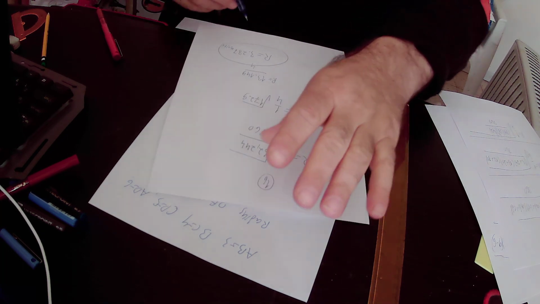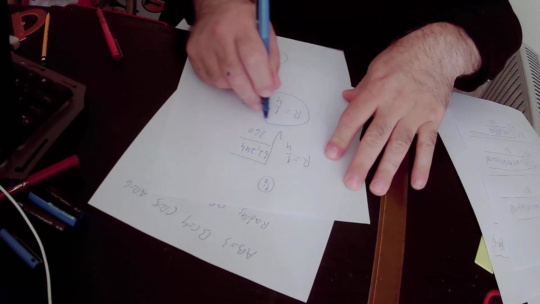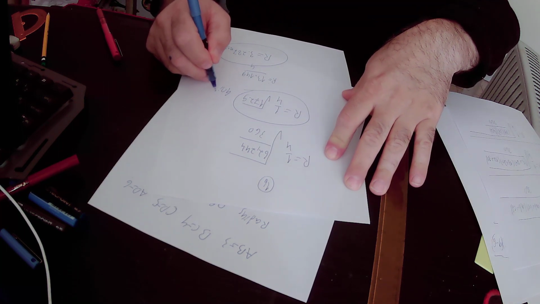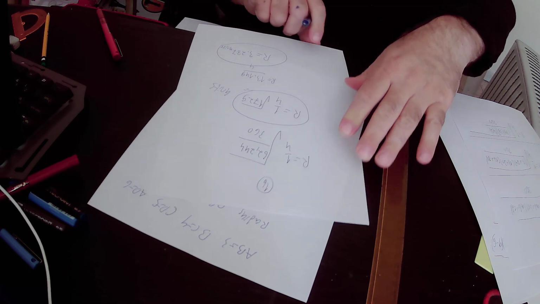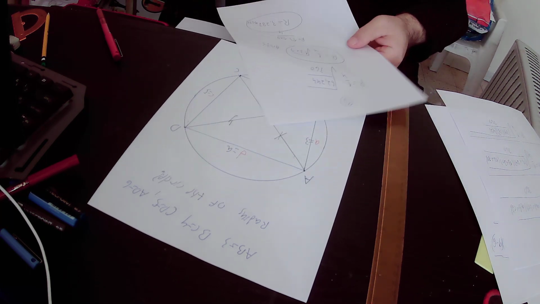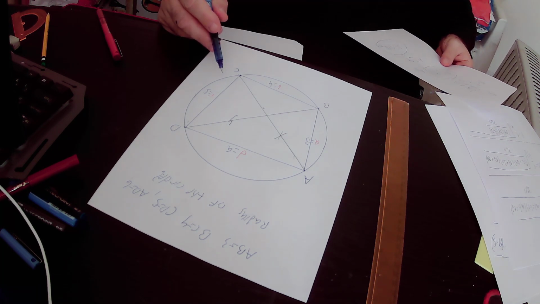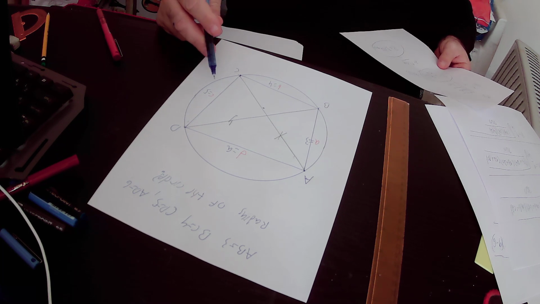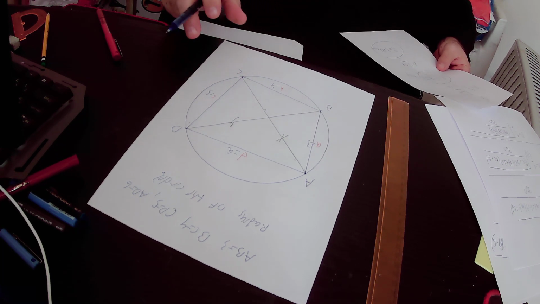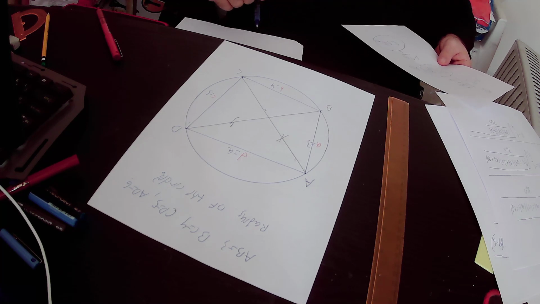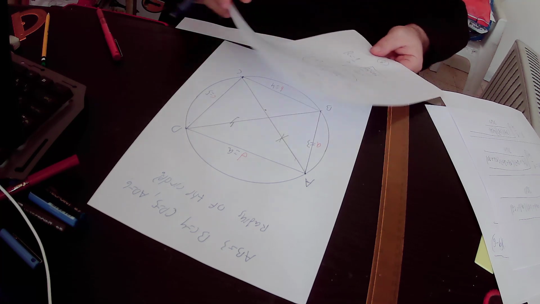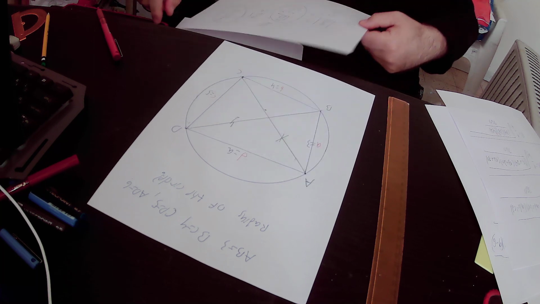Okay, so the radius of this circle equals either the root of 172.9 over 4 units, or in terms of numbers, 3.287 units. Okay, that is the answer to the question. Now I will summarize the lecture.